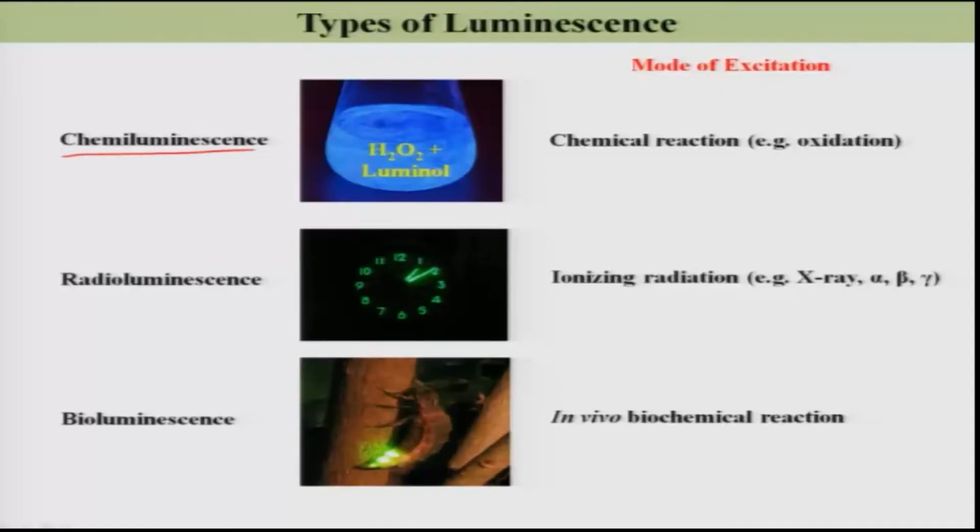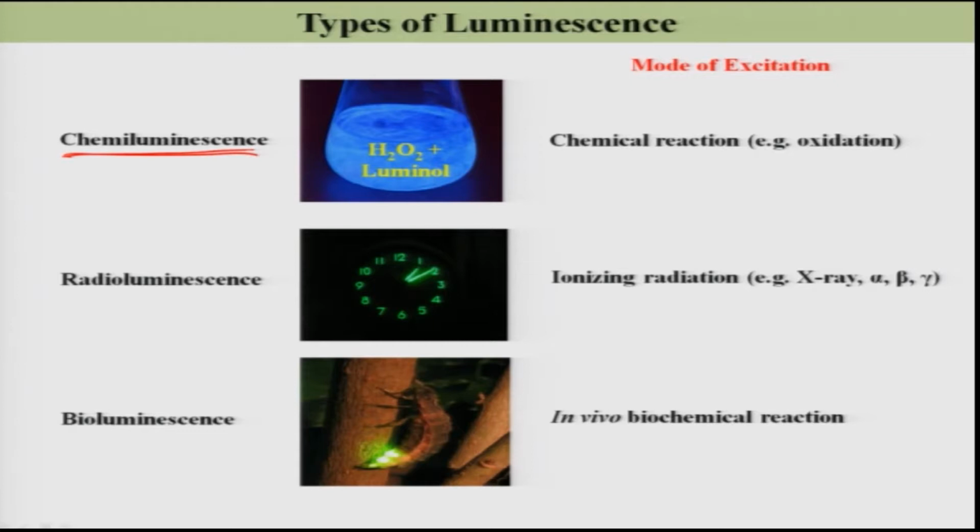Before telling other things, let me show you some different types of luminescence. The phenomenon is categorized into different types based on the mode of excitation. For example, let us take chemiluminescence. In chemiluminescence, the mode of excitation is a chemical reaction.